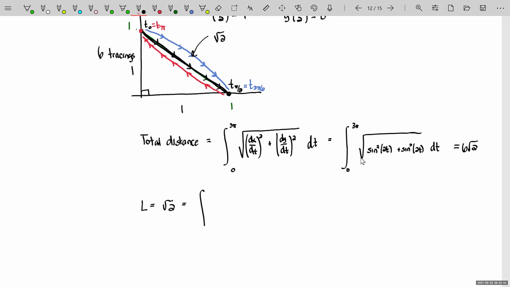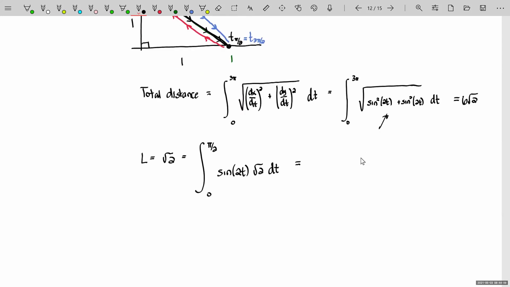But if you want to use calculus, you could say, oh, it's the integral from 0 to pi over 2 of this right here, which is sine 2t times a root 2 dt. Now I'll pull out the root 2. 0 to pi over 2 sine 2t dt, and then integrate.